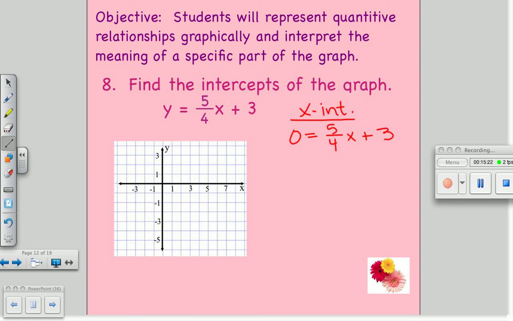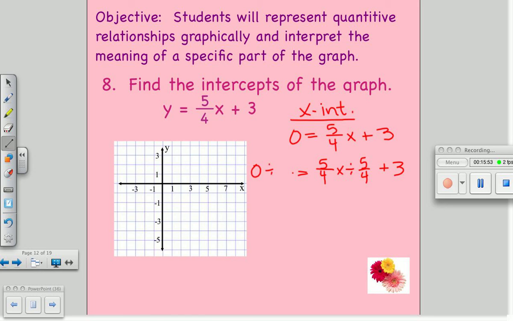We're going to divide by 5/4. So 5/4 x divided by 5/4 plus 3. Okay? 5/4 divided by 5/4 is 1. And of course, you're going to have to divide 0 by 5/4 on the other side. Okay? So we can erase that 0 right there.